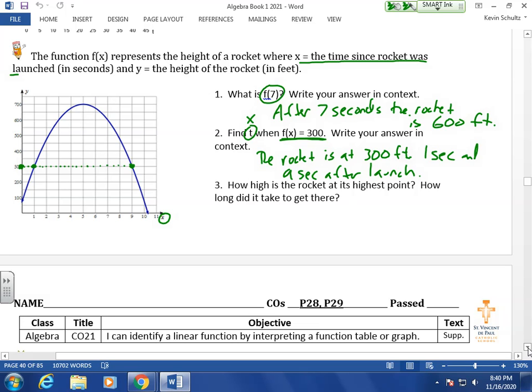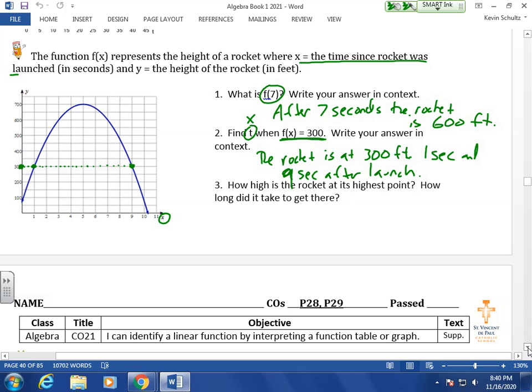There are actually 2 answers here, because what goes up must come back down. So it's 300 feet on the way up, and 300 feet again on the way back down.